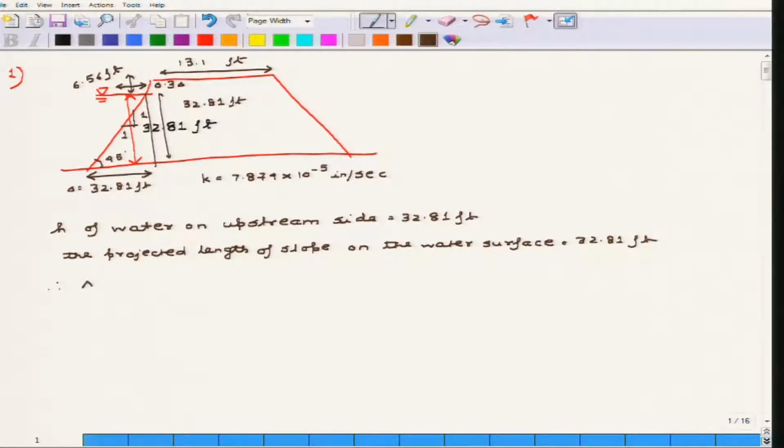So the required starting point will be equivalent to 0.3 into 32.81, which is equivalent to 9.84 feet.